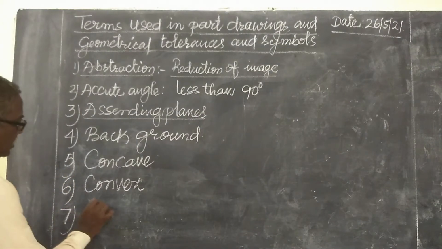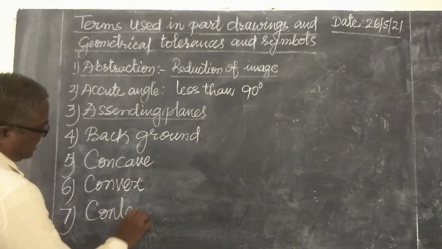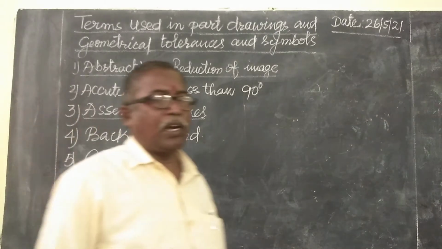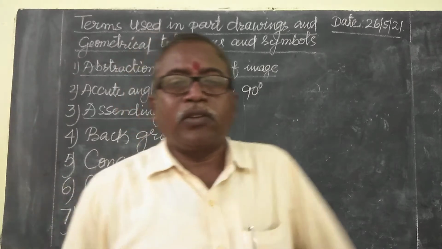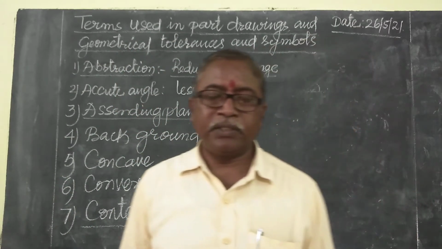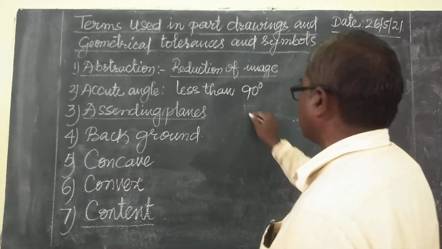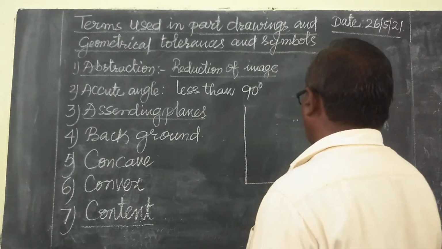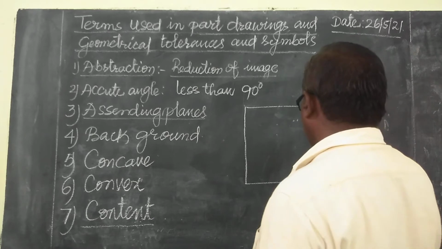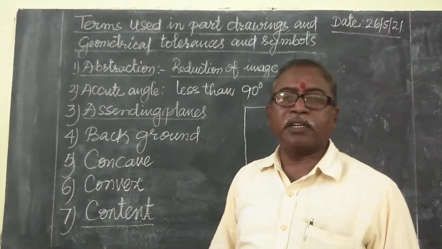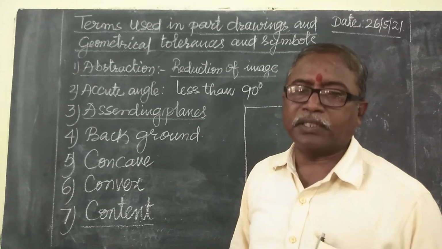The seventh one, content. This is very important: the content, a matter contained in that. Whenever you see the drawing, there must be content, whatever you are drawing over that.